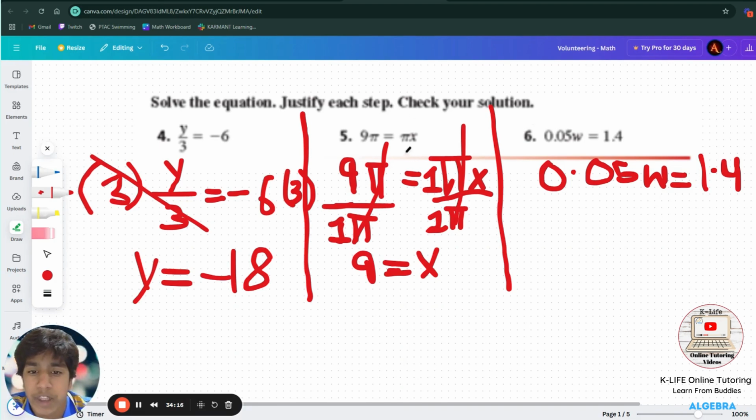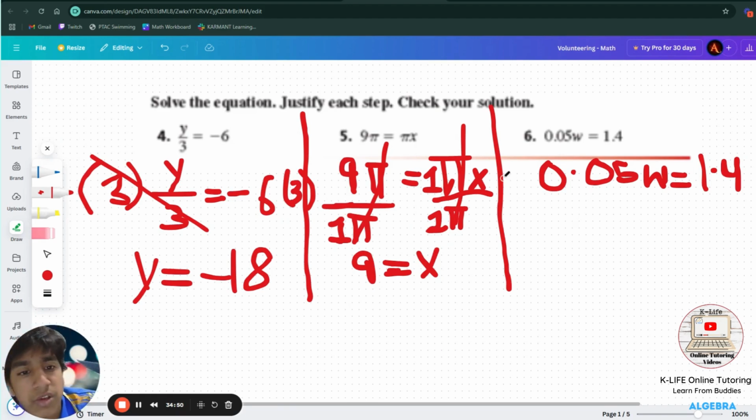Pi is actually 3.14, so you might think 9 times 3.14 equals 3.14x. Well, since it's just a symbol right now, we're just going to utilize the symbol's value. So always make sure to recheck your answer, especially when you're developing the skills of algebra 1, or just any math problem.